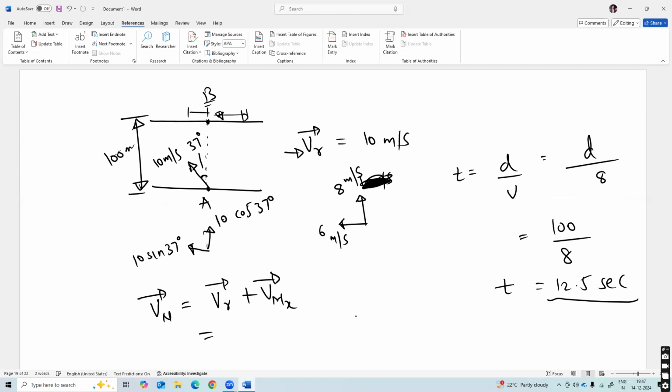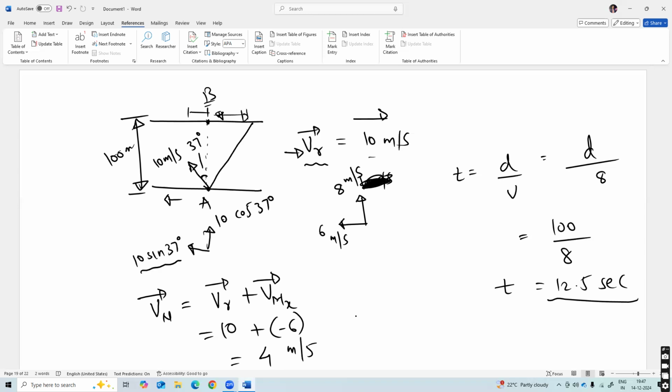The velocity of the river is 10 and the velocity of the man is minus 6, because this is in negative x direction, whereas the velocity of the river is in positive x direction. So what we got is 4 meter per second net velocity in x direction. Since the velocity of the river is 10 meter per second in positive x direction, even though he has initial velocity in this direction, he will go like this.